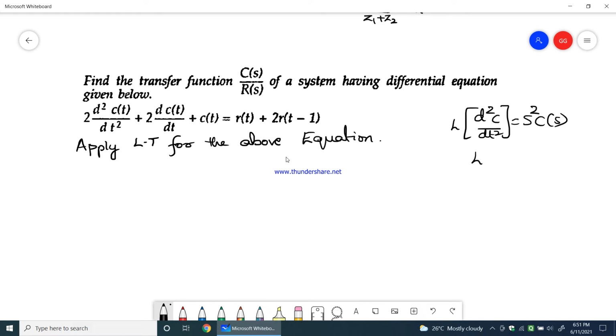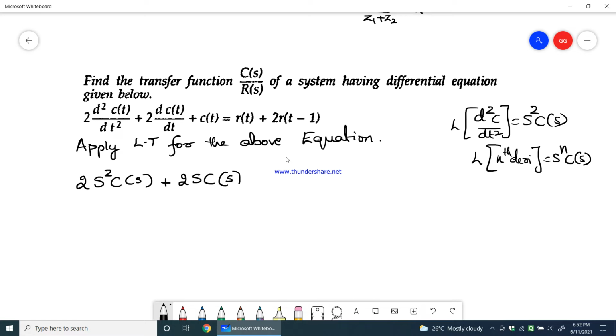Therefore the Laplace transform of any nth derivative is s to the power of n into that particular parameter whose Laplace transform you are finding. Therefore s to the power of n into C of s. Here, 2 into the derivative of C of t, therefore s square into C of s plus 2 into s into C of s.